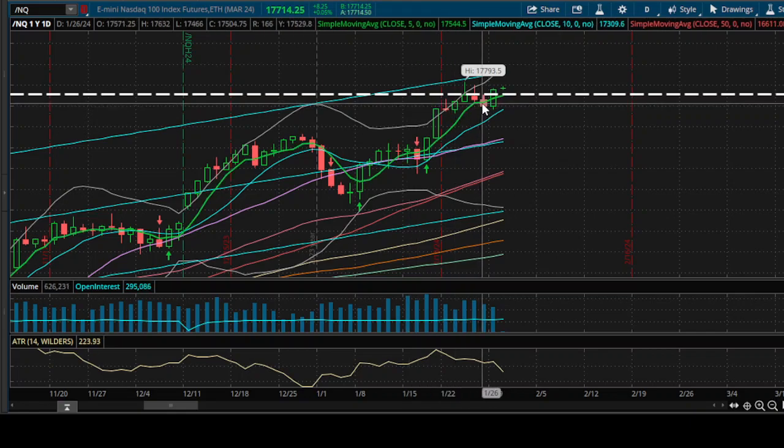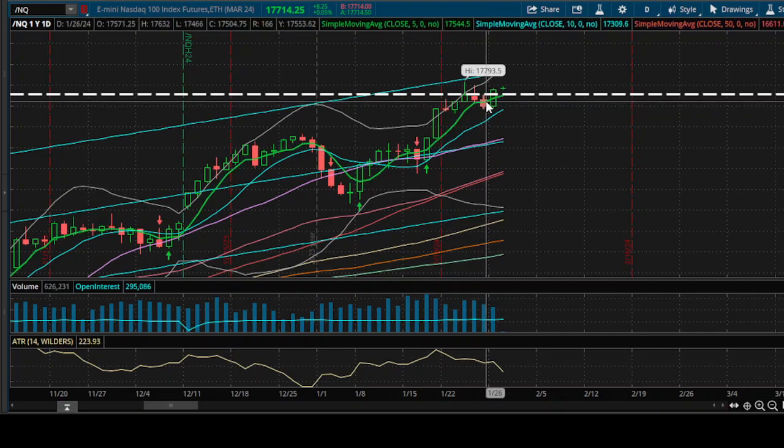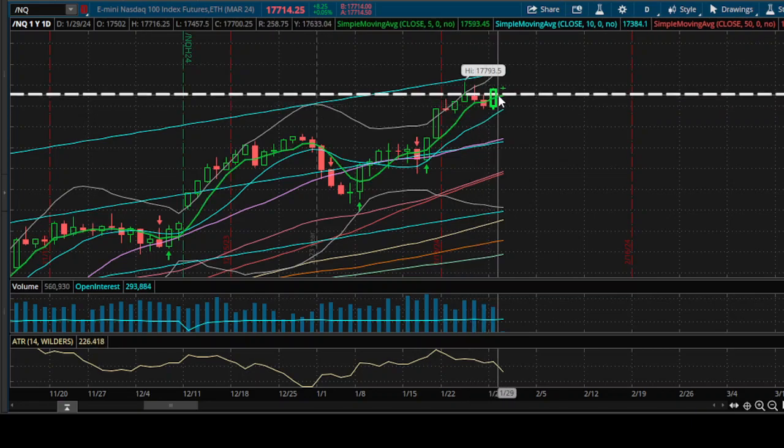Again, the true price yesterday was 17,632, so I'm a little off as far as the close and the high where I dropped it. I always drop it at the top wick, never at the body close. The actual high price of yesterday was 17,632. So again, just notice yesterday's highs.